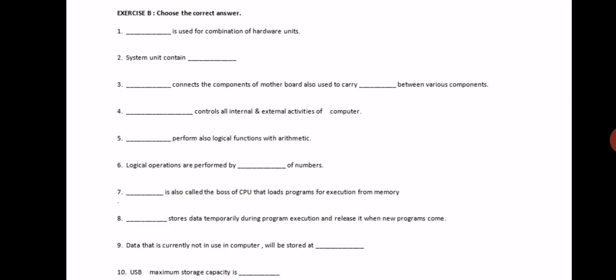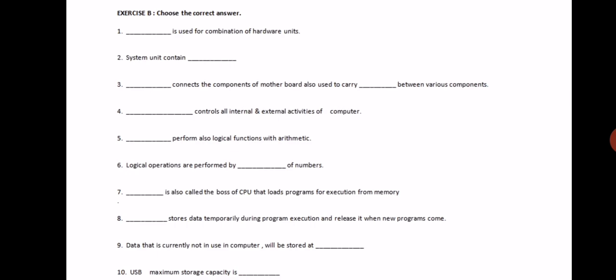Number 5, dash performs logical functions along with arithmetic. Number 6, logical operations are performed by dash of numbers. Number 7, dash is also called the boss of the CPU that loads programs for execution from memory. Number 8, dash stores data temporarily during program execution and releases it when new programs come.